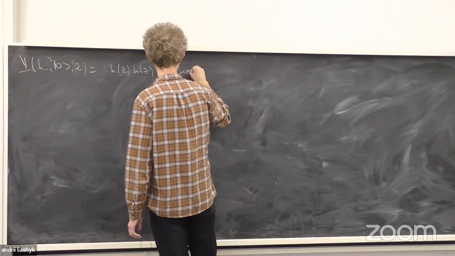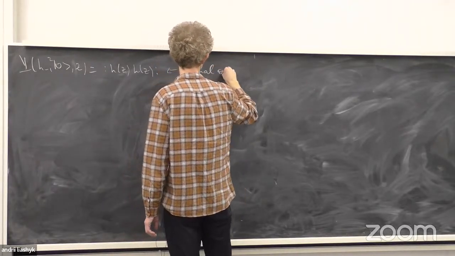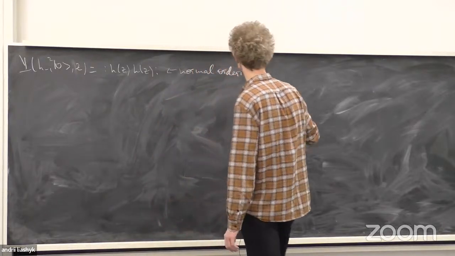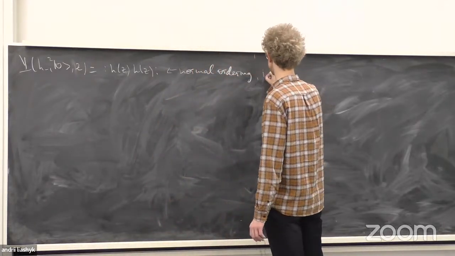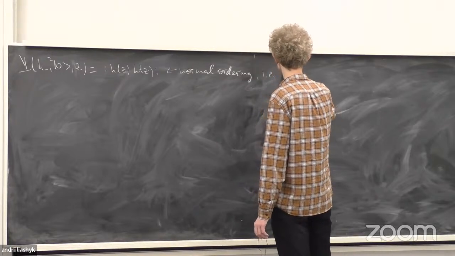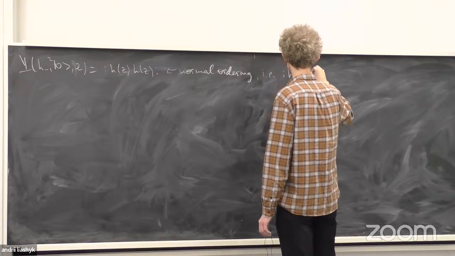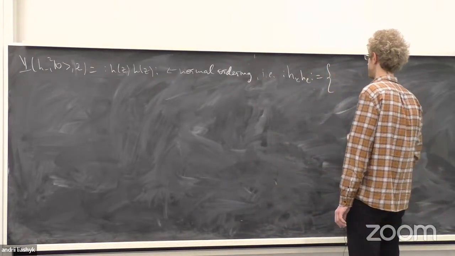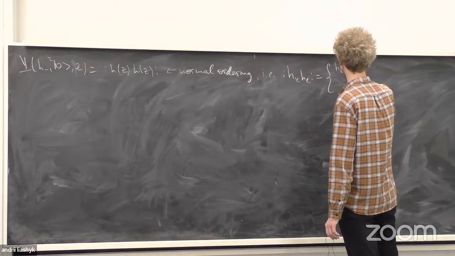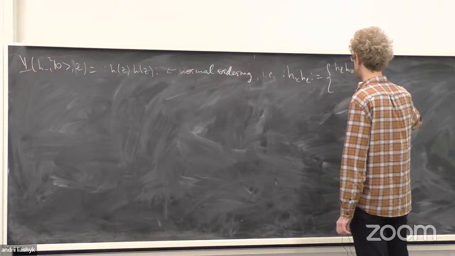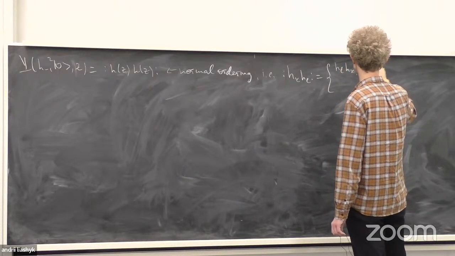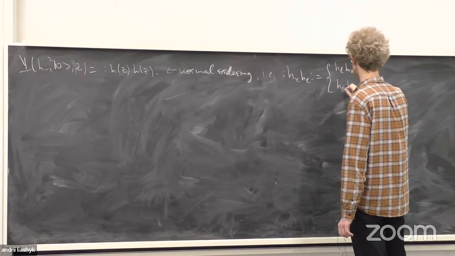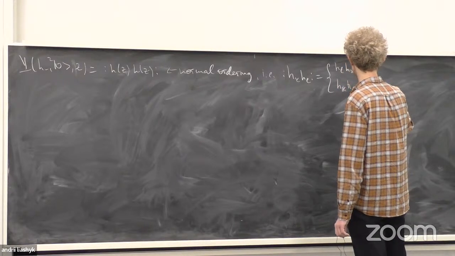This is the normal ordering. And the definition is that we say that hk hl equals hl hk if k is positive, or hk hl otherwise.